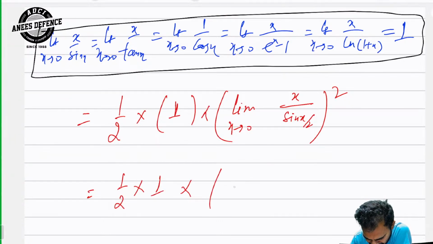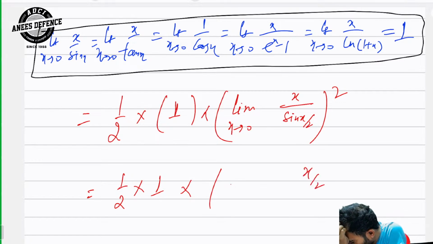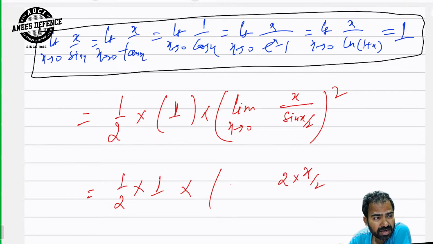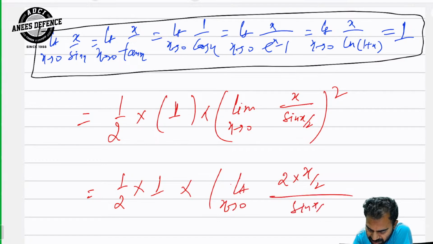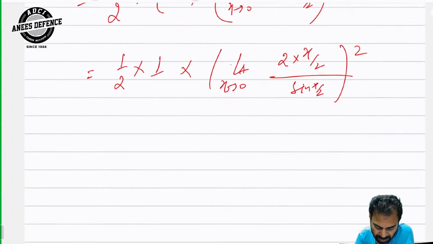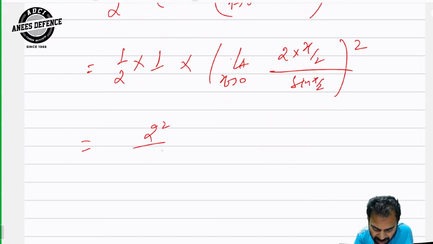Now, in sin, I have x by 2. Here I require x by 2, okay? I will multiply by 2 and divide by 2. Limit x tends to 0 of sin x by 2 whole square. Any problem? 2 square will be taken outside.